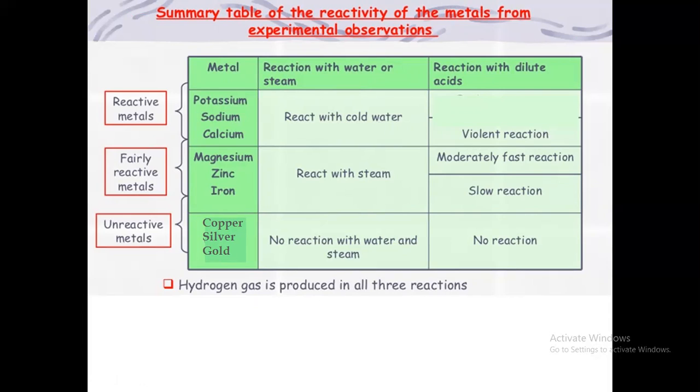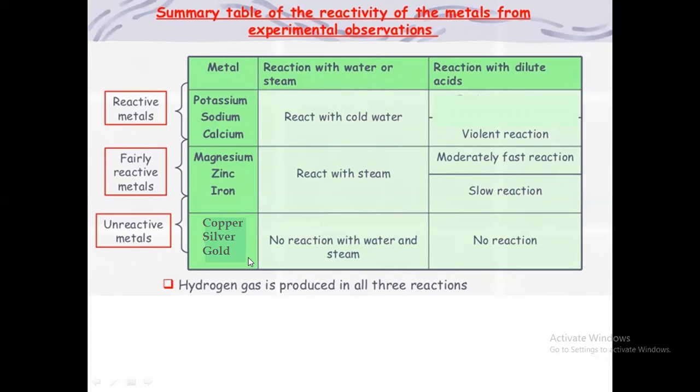And they show violent reaction with dilute acids. Magnesium, zinc and iron react with steam. Magnesium shows moderately fast reaction with dilute acid, while zinc and iron show slow reaction with dilute acids.